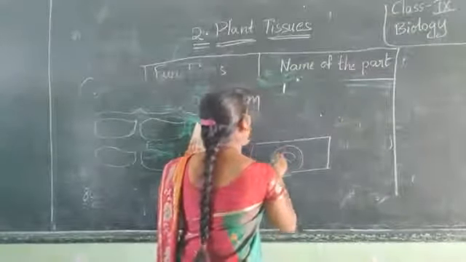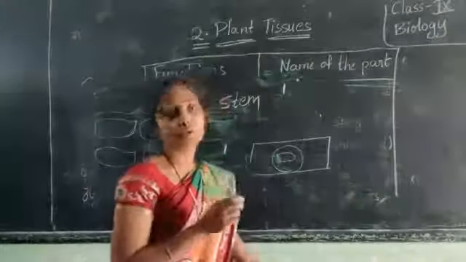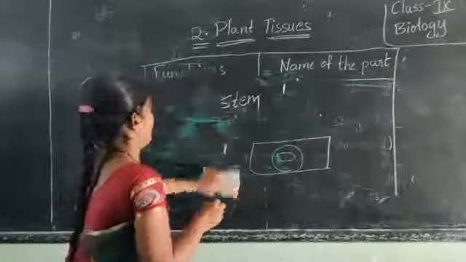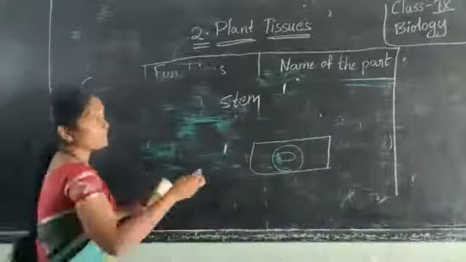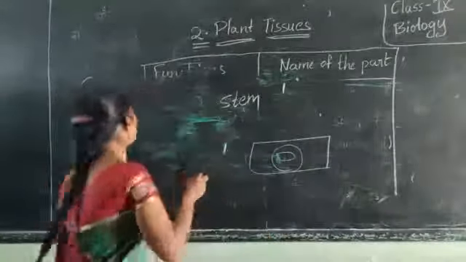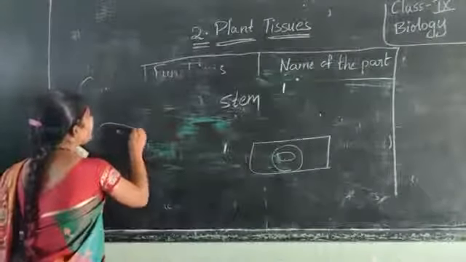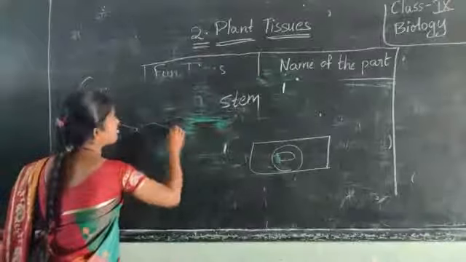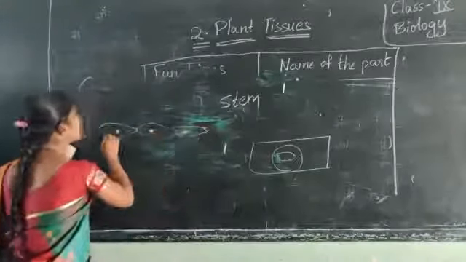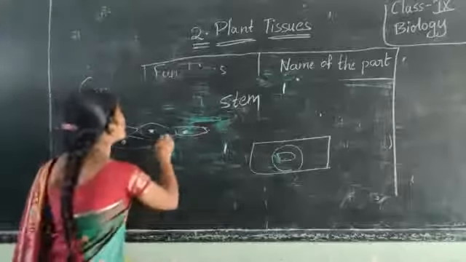Understood, children? Put the cover slip and then observe under the microscope. Then what type of structures do you observe? Here, that is the structure of the leaf. Here you see granular structures. These granular structures we call chloroplast. Plastid is present in the leaves. What is the name of the plastid? That is chloroplast.